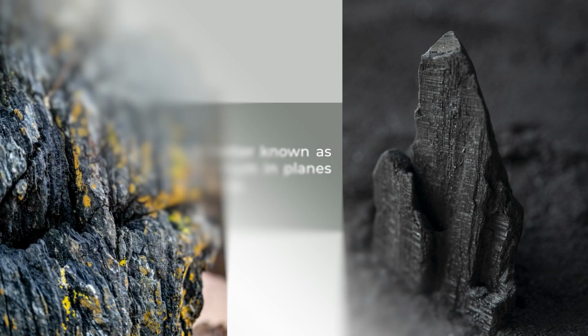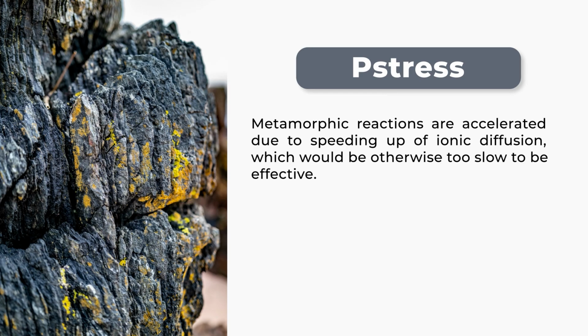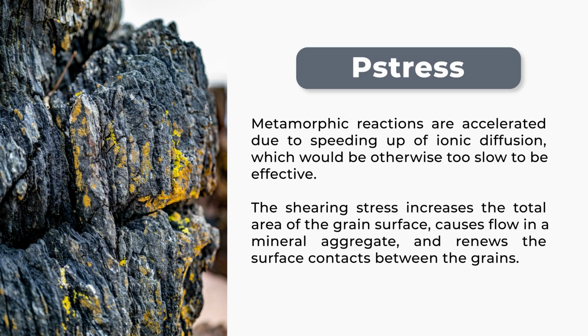Because of this directional stress, metamorphic reactions are accelerated due to speeding up of ionic diffusion, which would otherwise be too slow to be effective. Now, this shearing stress increases the total area of the grain surface, causing a flow in mineral aggregate and renews the surface contact between the grains.